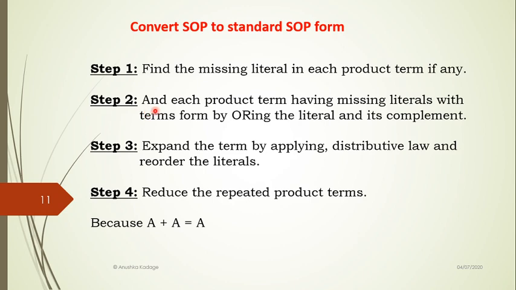Once we have found the missing literal, we write the ORing of that literal and its complement. Then we apply the distributive law and reorder the literals. Reduce the repeated product terms, if any, occurring in this expansion.